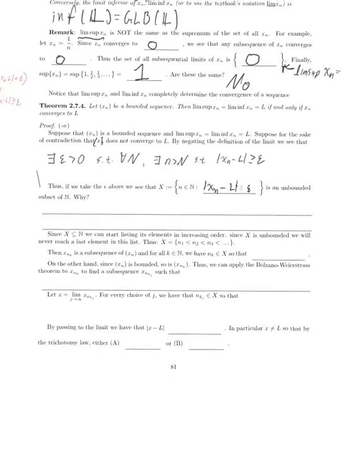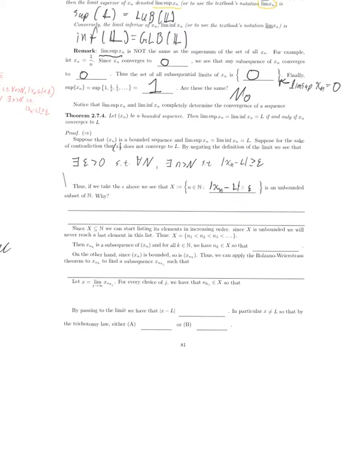There. I will show that this is an unbounded subset of n. And the reason is basically just the line right above. So I've declared that choice of epsilon, these two epsilons are the same.